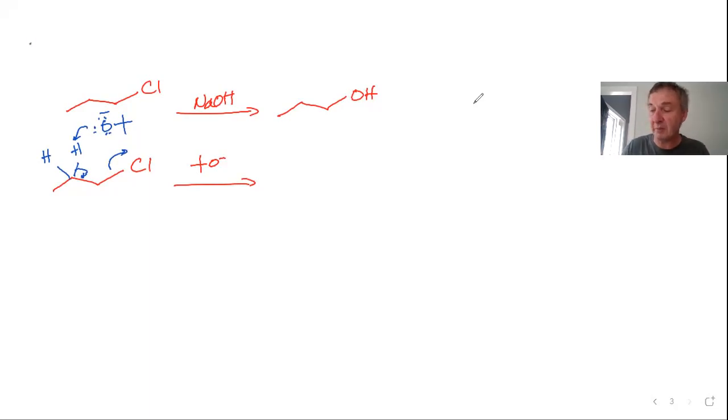All of these are, after all, concerted mechanisms, meaning they all happen coincidentally, literally all at once. And I end up with the alkene. So I've used a strong base. I've done it in one step.